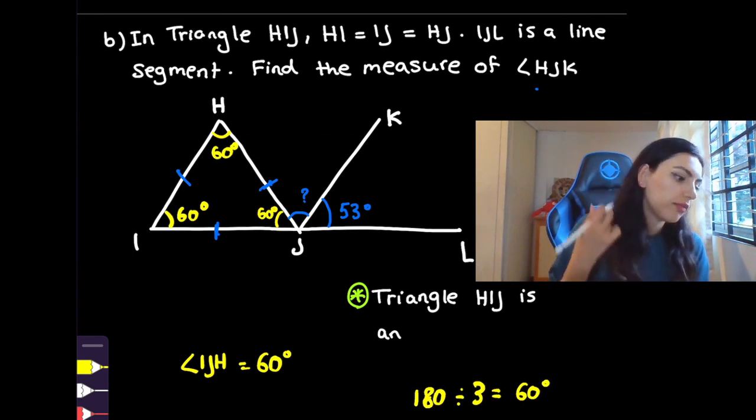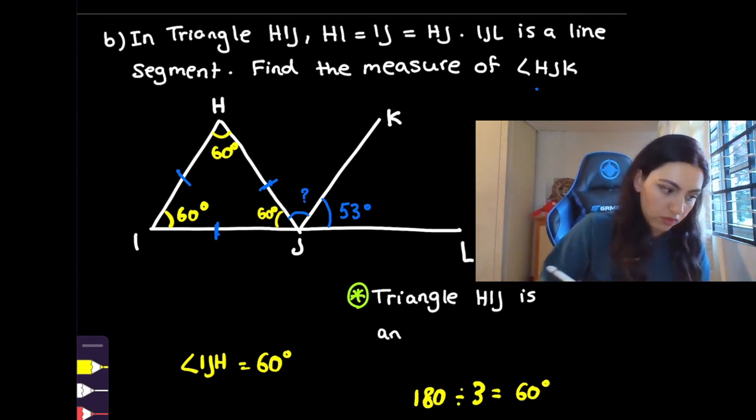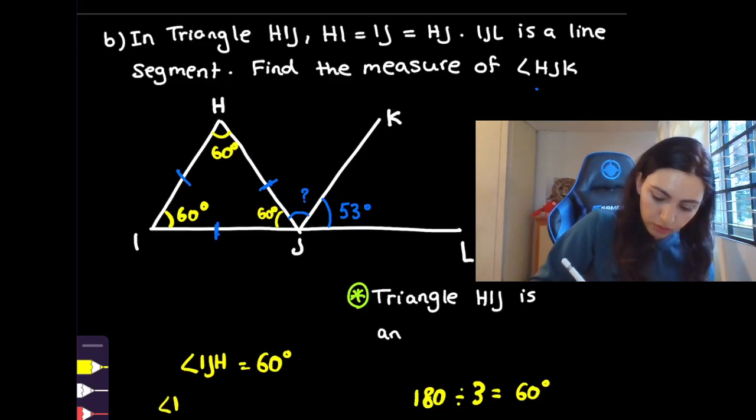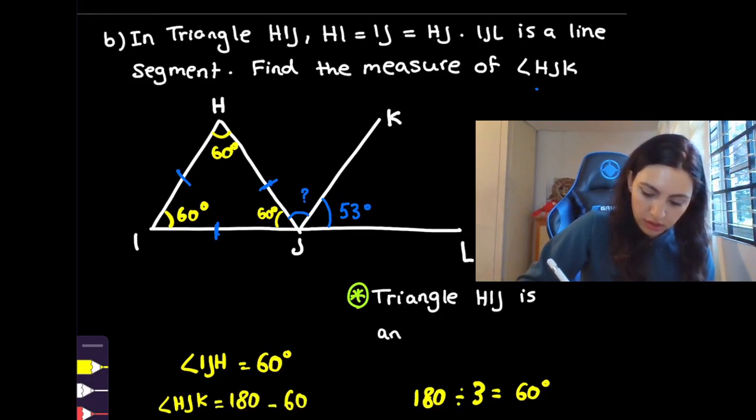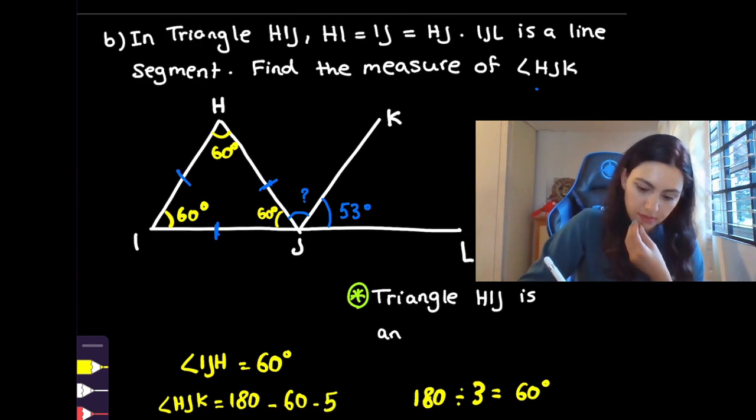And then, because I have the 60 degrees, for finding angle HJK, we say 180 minus 60 minus 53.